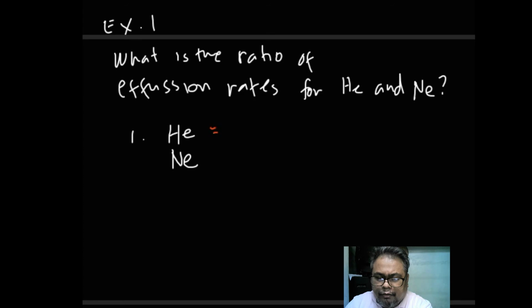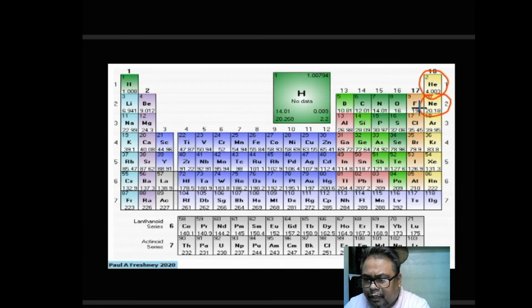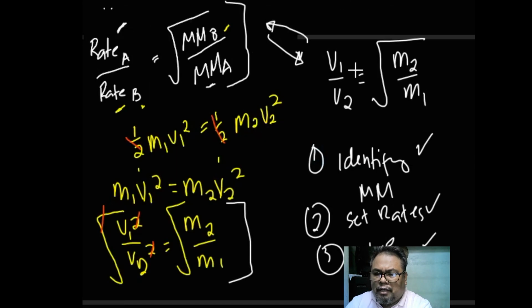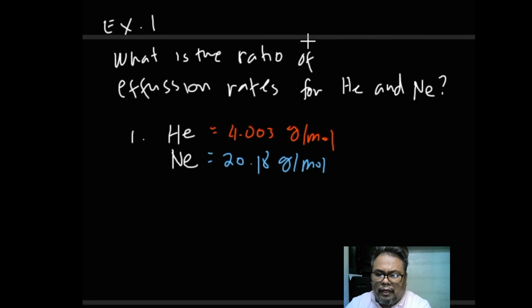So the molar mass for helium is 4.003 gram per mole. And for neon, it is 20.18 gram per mole. So this is the first step, which is identify the molar mass of the given gases.